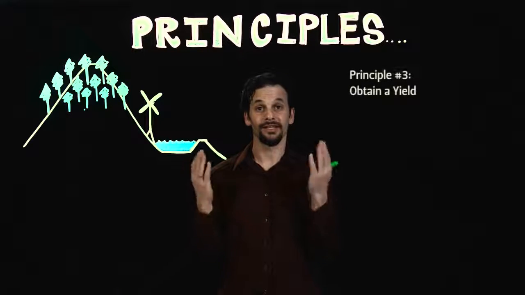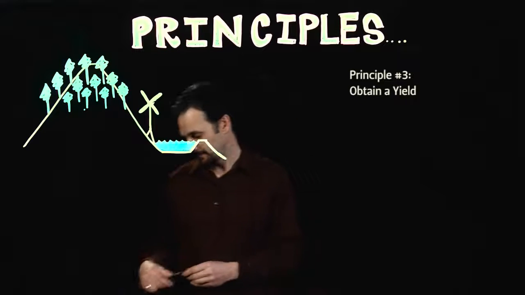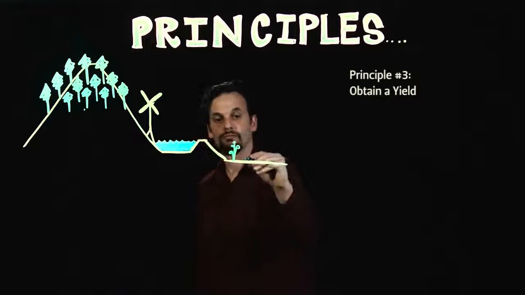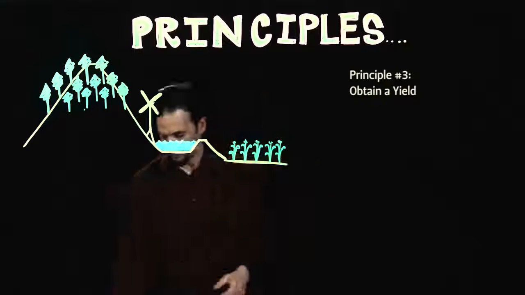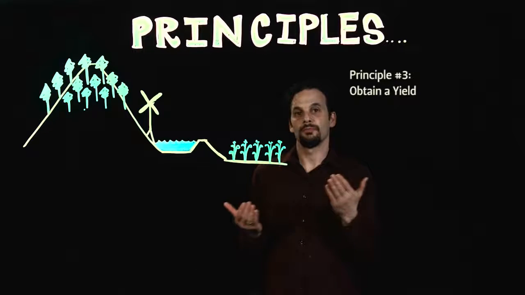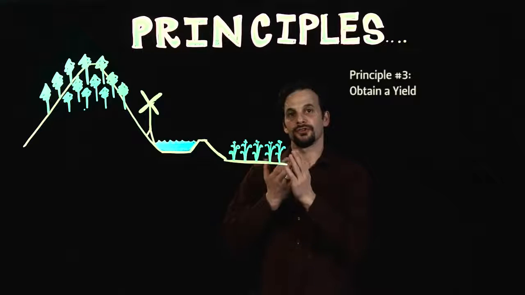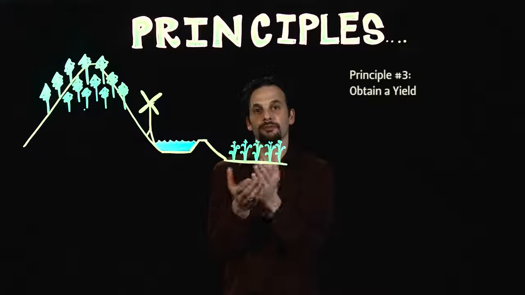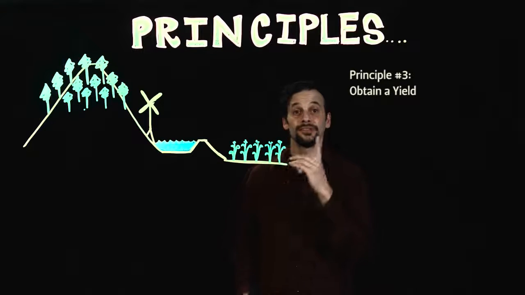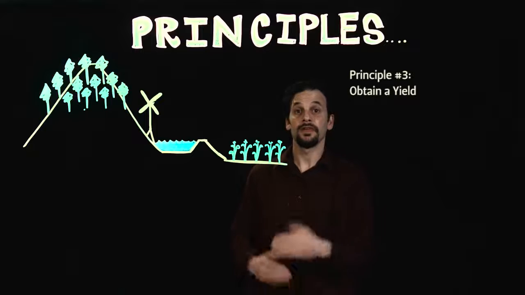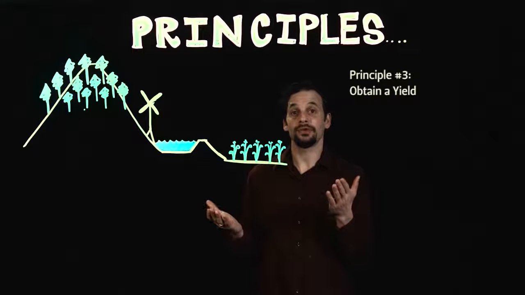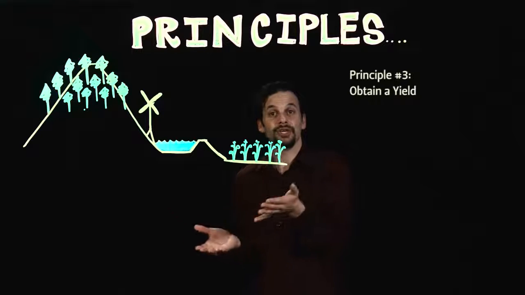Principle 3 is obtain a yield. This principle promotes self-reliance and gives us the directive to reap a harvest from our permaculture system, because you can't work on an empty stomach. This principle is relevant when making a choice about which tree to plant in a location.